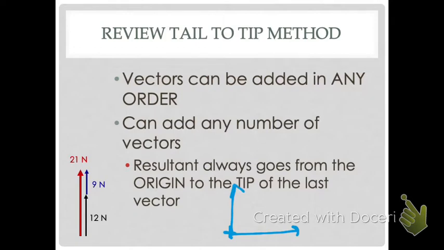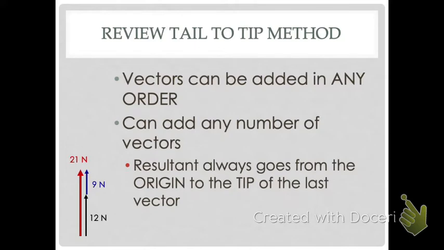I need my resultant vector to take me from the origin to the tip of the last vector. So here's the origin to the tip of the last vector. If I draw them here and here, it's not taking me anywhere. I've got to make sure that I add them one right after the other. I don't start back at the origin until I'm ready for my resultant vector. Okay?